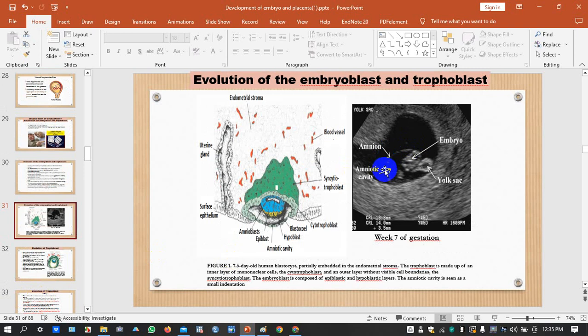So you can see this is the amnion. Amnion is a thin membrane and it secretes the amniotic fluid. And this is the amniotic cavity, which contains the amniotic fluid.